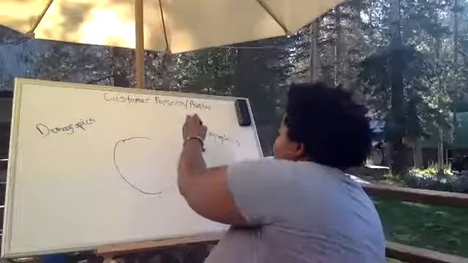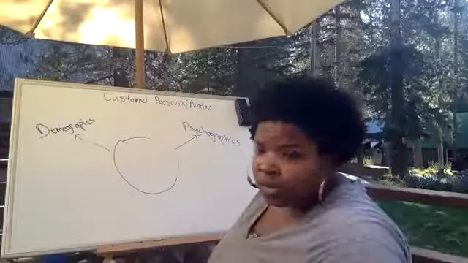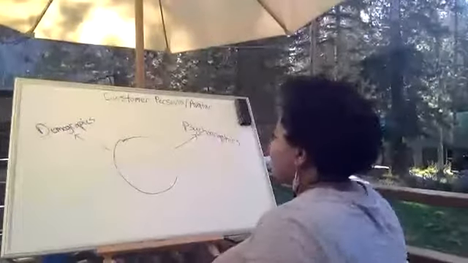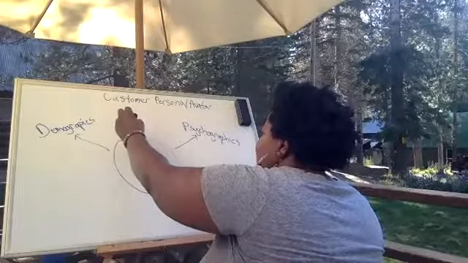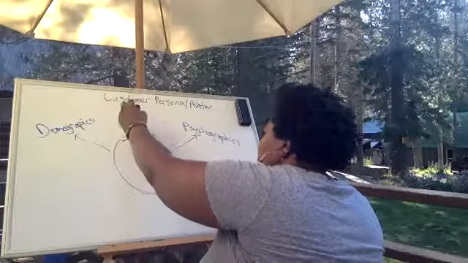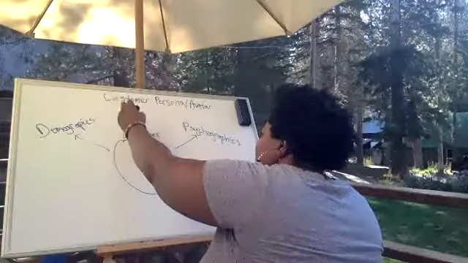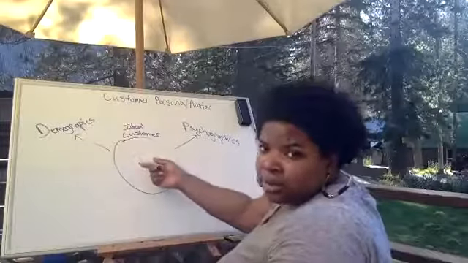Okay, and then you can do something like that. Draw an arrow. Okay. Now, what I'm going to show you is that when you're creating this, you can put the customer, which is right here, and I want to say ideal customer. That's your ideal customer here in the middle.